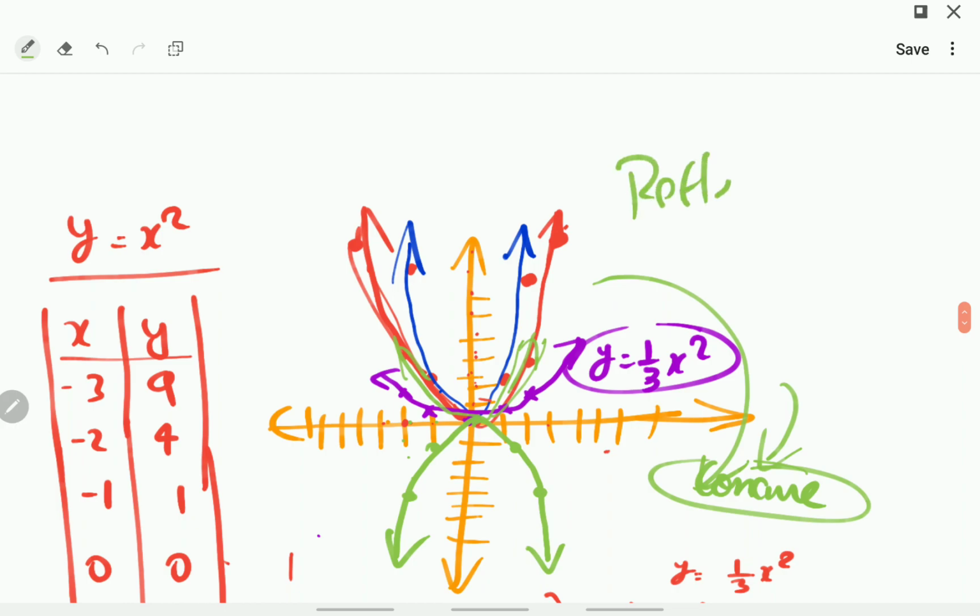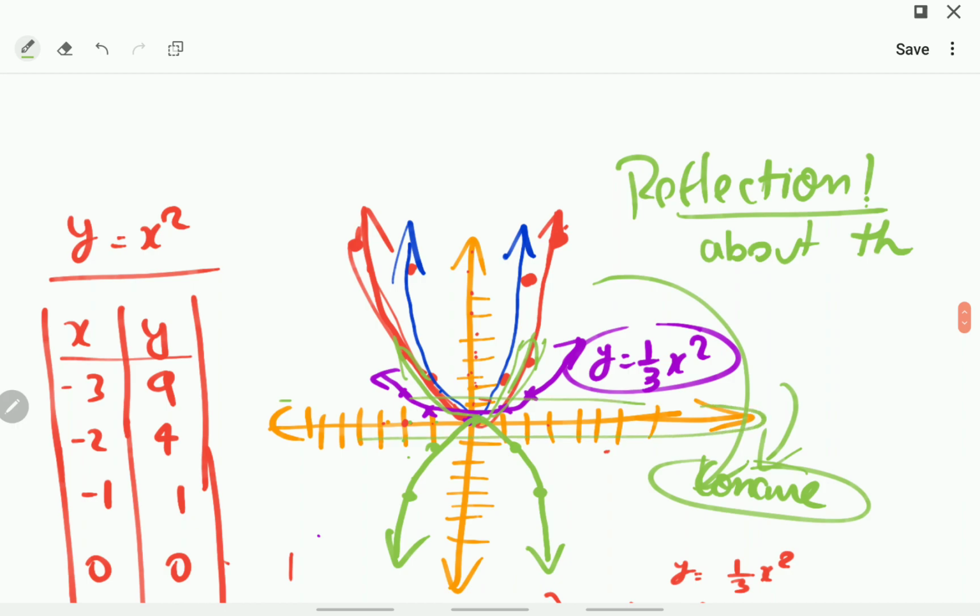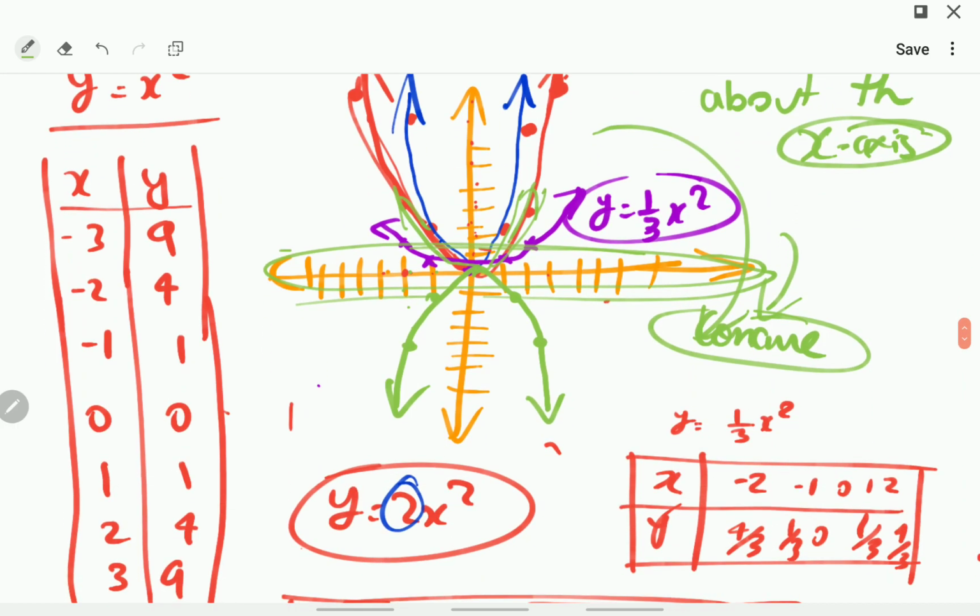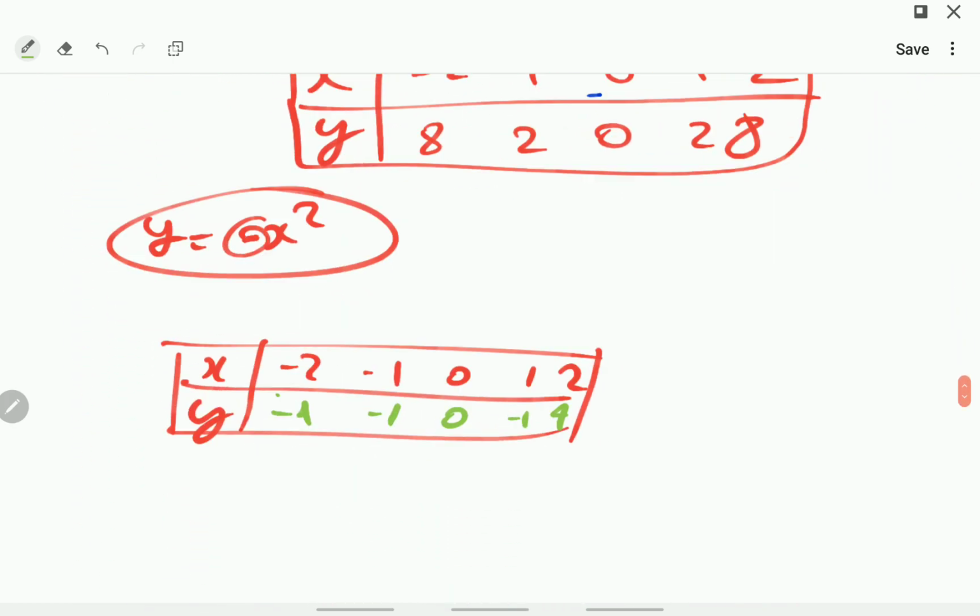What kind of reflection is this? This is reflection about the, what axis is this? X-axis, correct. About the x-axis. Simple? That is how simple this is.